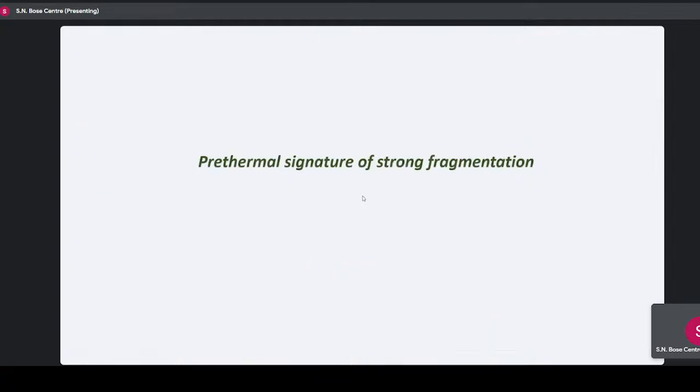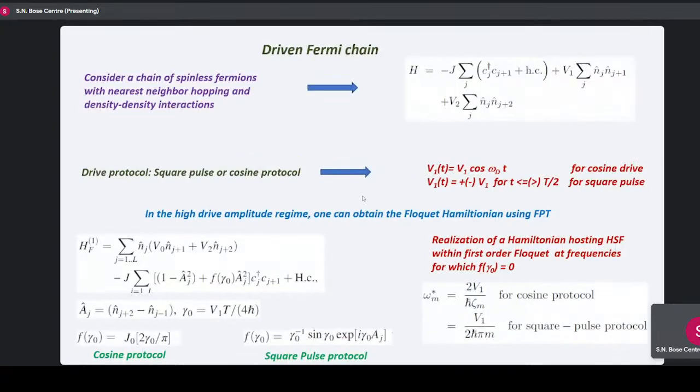So what we wanted to do is to see whether this phenomenon can occur in a driven system. And what we found is that the answer is yes, and there can be a large pre-thermal regime before the system ultimately attains thermalization, in which one can see signatures of this Hilbert space fragmentation.